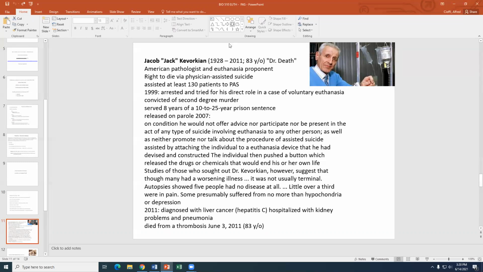In the 80s, he was very well known for killing patients, and he was tried for killing at least 130 patients by assisted suicide. In other words, he prescribed the lethal dosage.